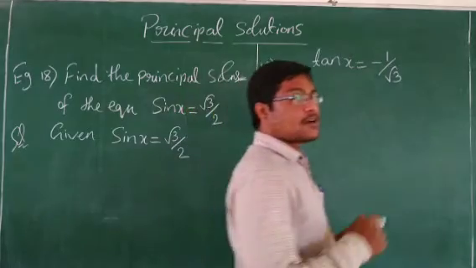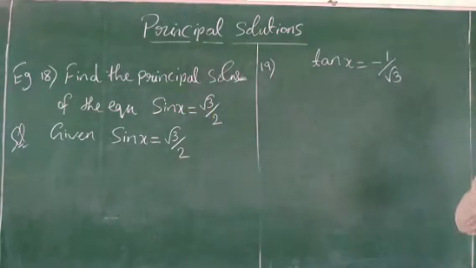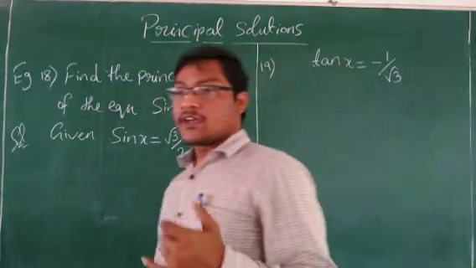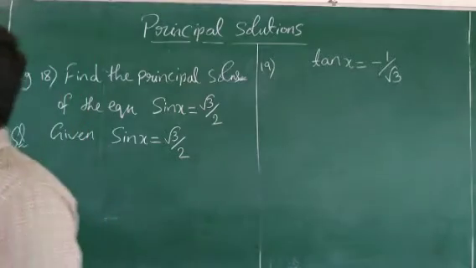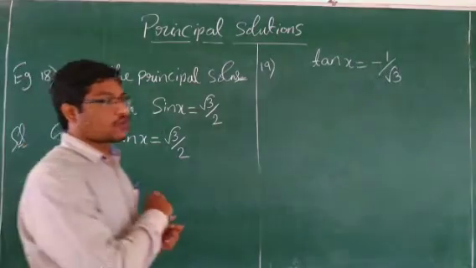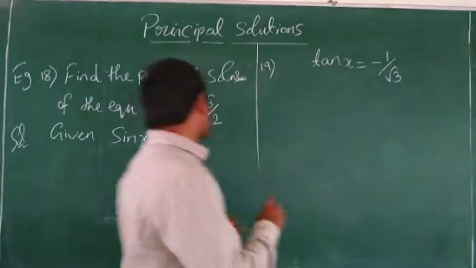We get sin positive in the first quadrant and in the second quadrant. So we should get two angles. One angle we get in the first quadrant, another angle we get in the second quadrant.